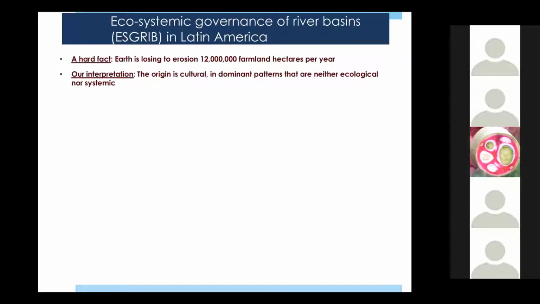Our interpretation is that the origin is cultural, in dominant patterns that are neither ecological nor systemic. Our central proposal is intervening at the river basin scale. The national scale is too distant, the farm scale is insufficient. Not all actors are there.